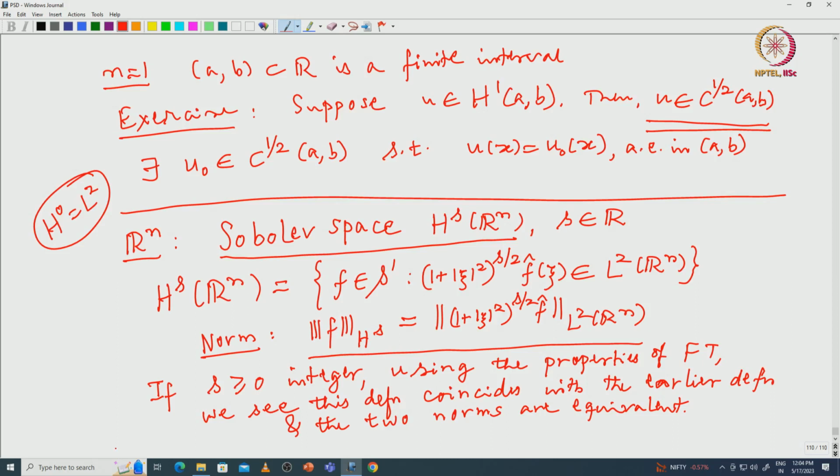So, this is one advantage of dealing with Sobolev spaces in the entire space. This tool of Fourier transform we will not get when working in a proper domain of R^n. So, with that remark, now I come to this Sobolev lemma.